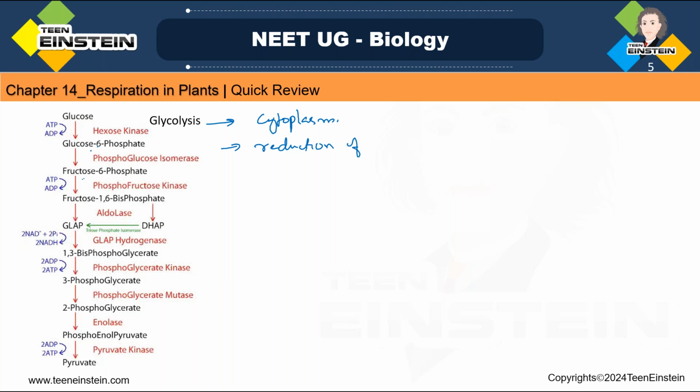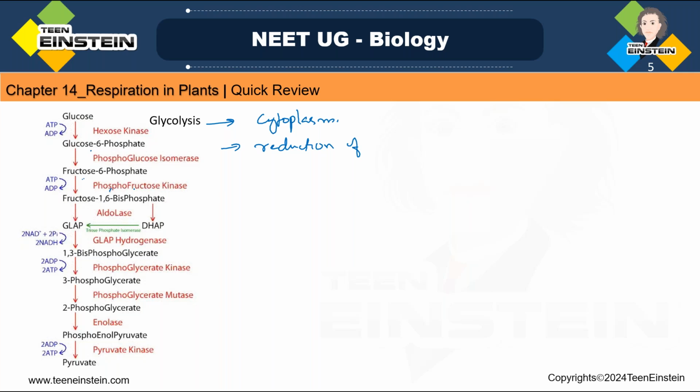Next, glucose 6 phosphate, by phosphoglucose isomerase enzyme, forms fructose 6 phosphate. Then the next enzyme is phosphofructokinase. So you need to connect all these and learn.